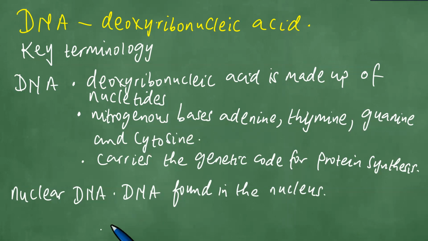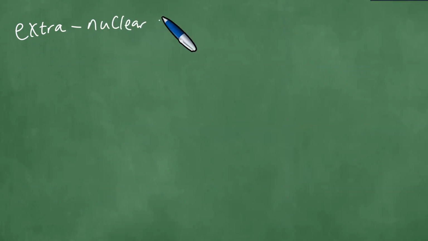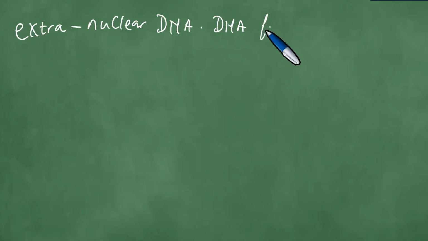What about the extranuclear DNA? It's another form of DNA. So there are varieties of this DNA. There's something called the extranuclear DNA. What is it? This extranuclear DNA is DNA found outside of the nucleus.